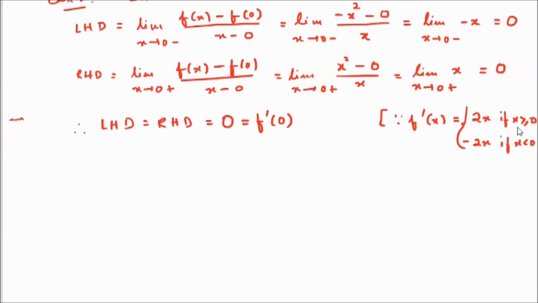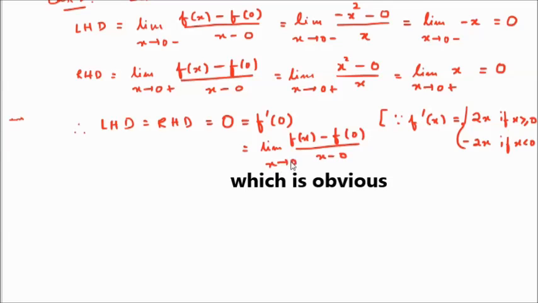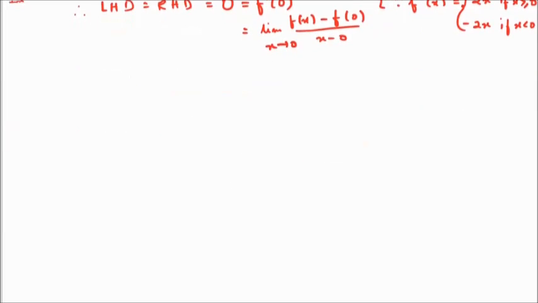From here I can say that when x is equal to 0, my f dash of 0 will be 2 times 0, that is 0, and this will be equal to nothing but limit of f of x minus f of 0 by x minus 0, x tends to 0. From here I can say that therefore f is differentiable at x is equal to 0.